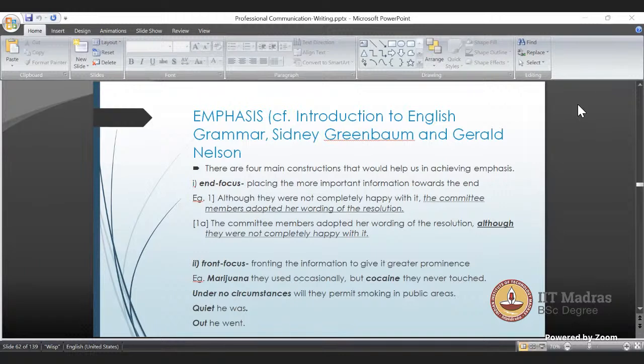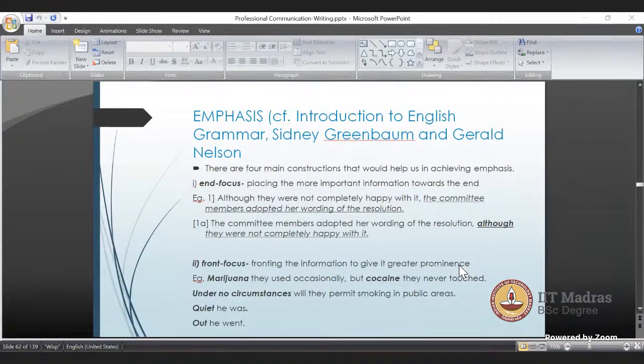This is similar to what we have already looked at in the previous class, just that we are talking about now within the sentence. That something that was possible for us to do with the whole sentence by bringing it towards the end is also possible within a sentence. You can structure phrases within the sentence in such a way that the part which you want to make more emphatic can appear at the end, right? Nothing more on that. So that's about the end focus.